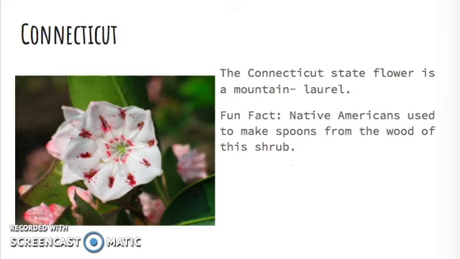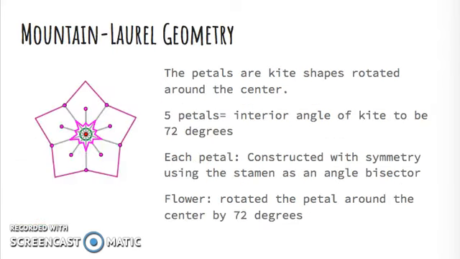So I did Connecticut, and the Connecticut state flower is the mountain laurel. Fun fact, the Native Americans used to make spoons from the wood of the shrubbery. This is the mountain laurel I made on Geometer's Sketchpad. I started with one petal.